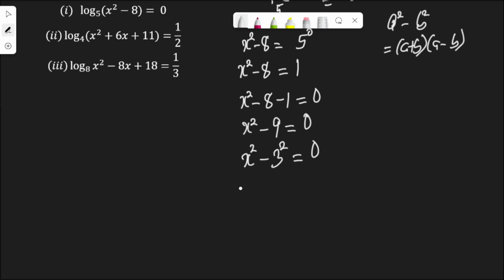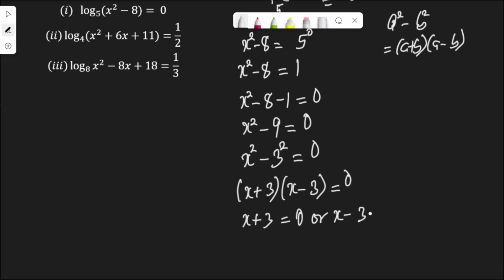So if I apply it here, I will have x plus 3 bracket x minus 3 equal to 0. Hence, either x plus 3 is equal to 0 or x minus 3 is equal to 0. Therefore, x is negative 3 or positive 3. And that is that for question number 1.